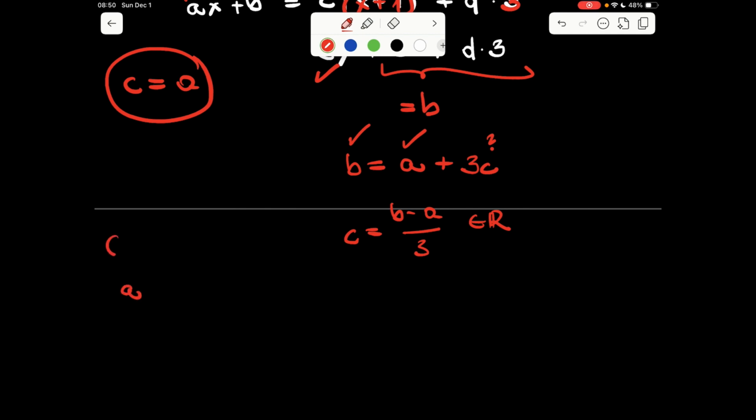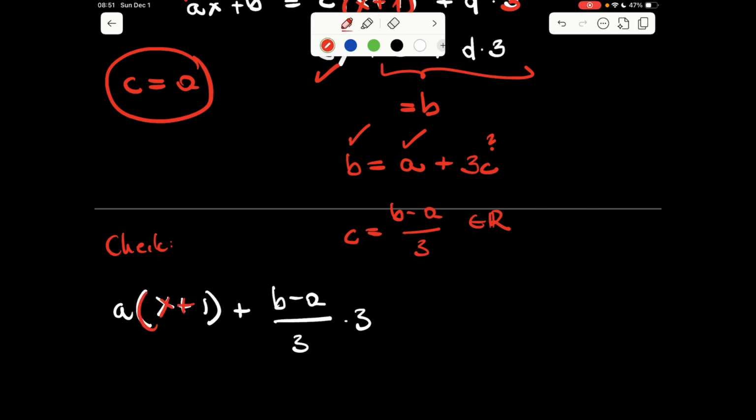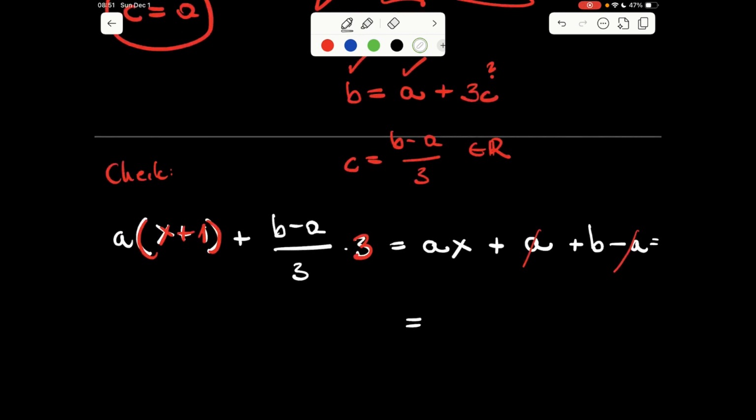So check the result. a times x plus 1 plus b minus a over 3 times 3, and this is the basis, and this is the other basis vector, and consequently we have ax plus a plus b minus a, and we can drop these terms, and finally we have ax plus b, which is the desired result.